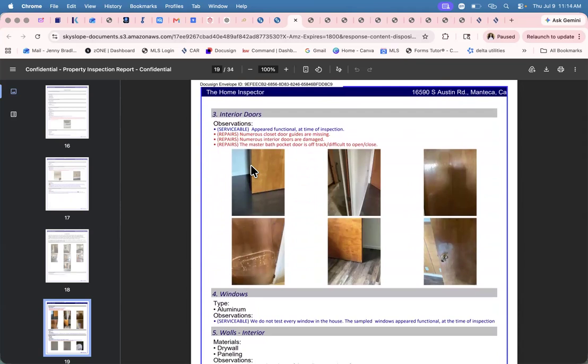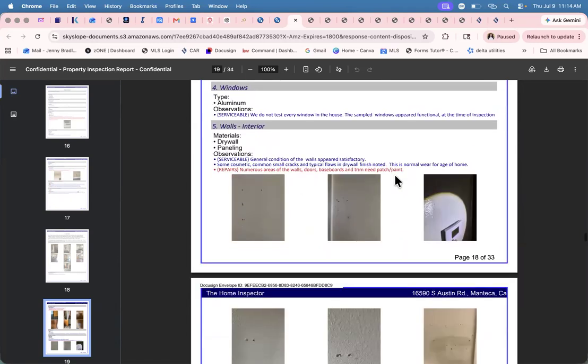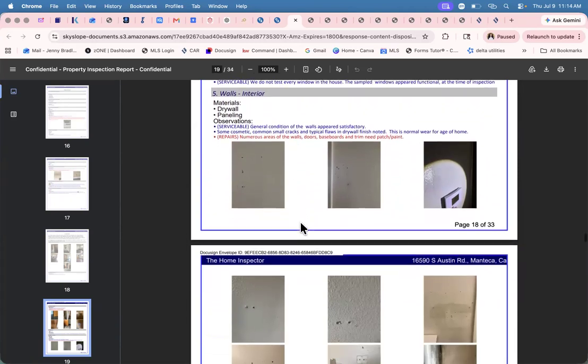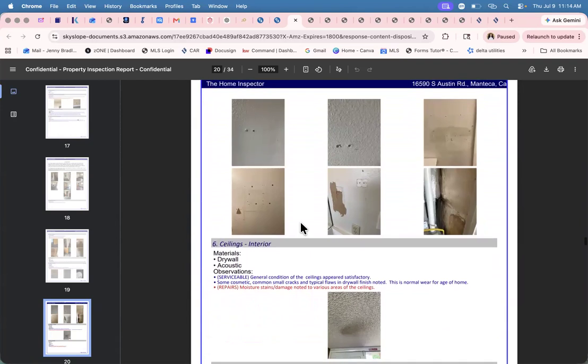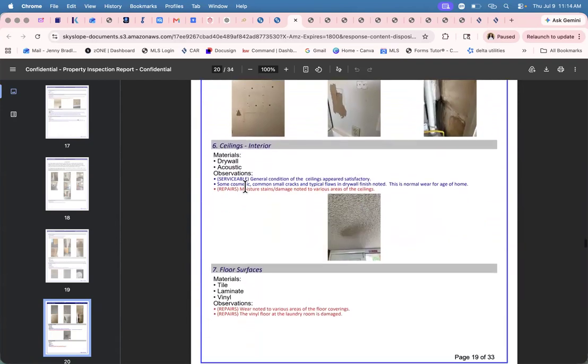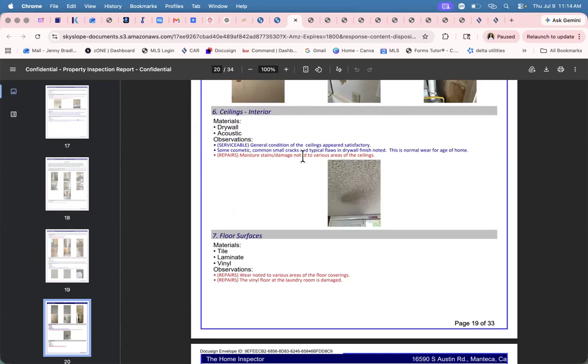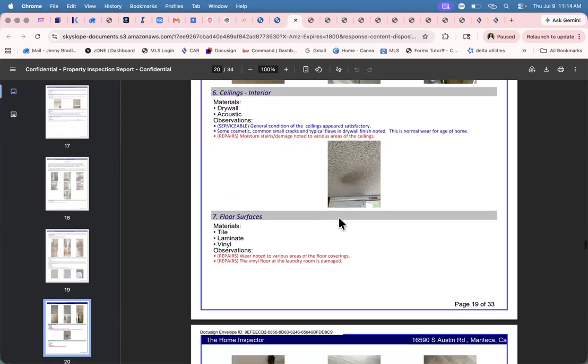All right, so let's see. Numerous closet door guides are missing. Numerous interior doors are damaged. The master bath pocket door is off track. Okay, walls. They note any holes and things like that for patch and paint. They know everything, which is great. As you can see in the pictures, ceiling repairs: moisture stains noted on various areas of the ceiling.